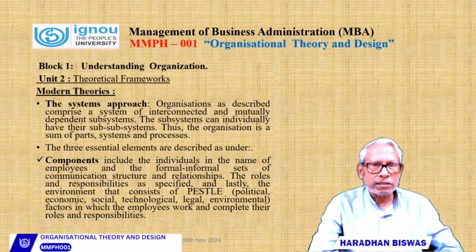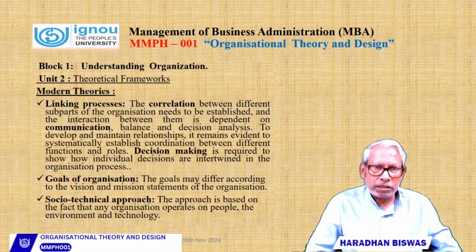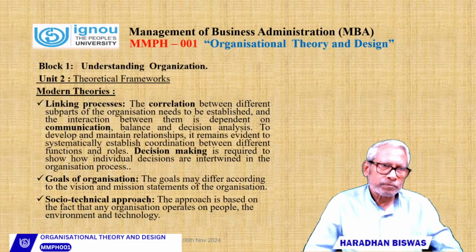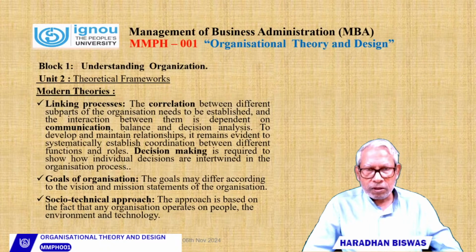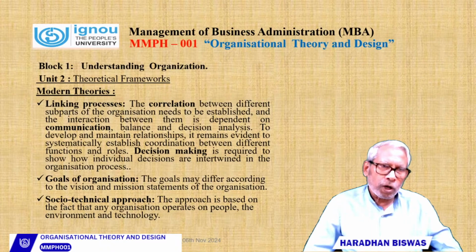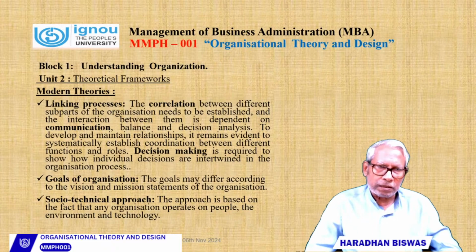Then the linking process: the correlations between the different parts and subparts, depending on the communication. Then the decision-making system is required to show how individual parts are interacting with the organizational process, basically how it is doing things.